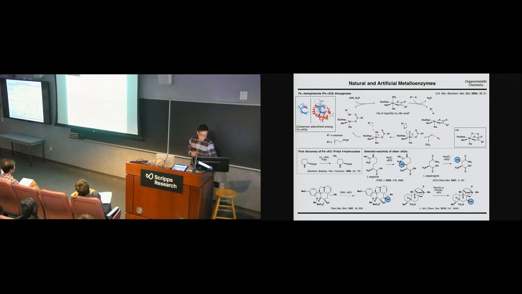The first discovery of, so I'll just call it alpha KG for now, so it's a bit easier for me. The first discovery of members of this superfamily was actually reported in 1966 in the form of the discovery of a prolyl hydroxylase, and this enzyme catalyzes selective C4 hydroxylation of prolines, and some of these hydroxyproline residues can actually be found in collagens.